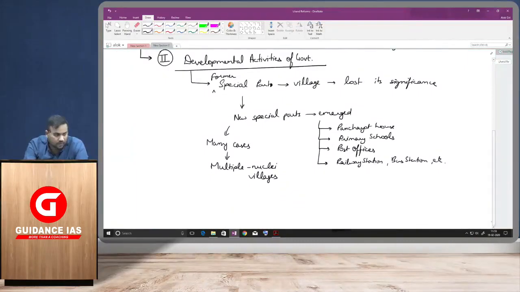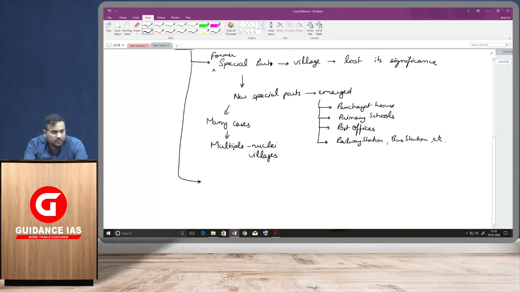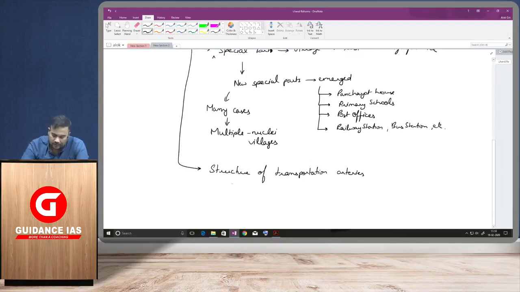Villages have also emerged. So this is one type of change as a result of the developmental activities which has taken place. Another type of change which has taken place as a result of developmental activities is, if you talk about the structure of the roads, of transportation arteries. So what has happened?